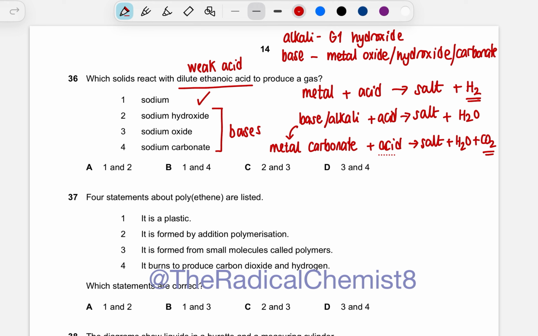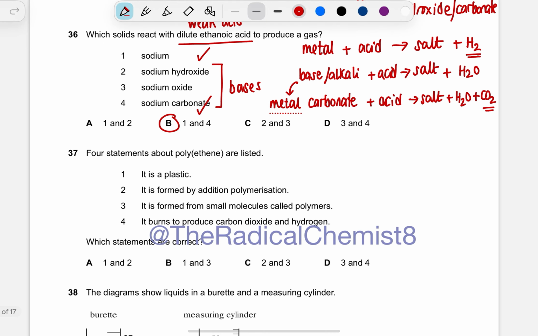So in this case, out of the other 3 options, the only other one that gives you a gas would be option 4. So your answer is 1 and 4, so B. Because 1 forms hydrogen and 4 would form CO2, carbon dioxide.